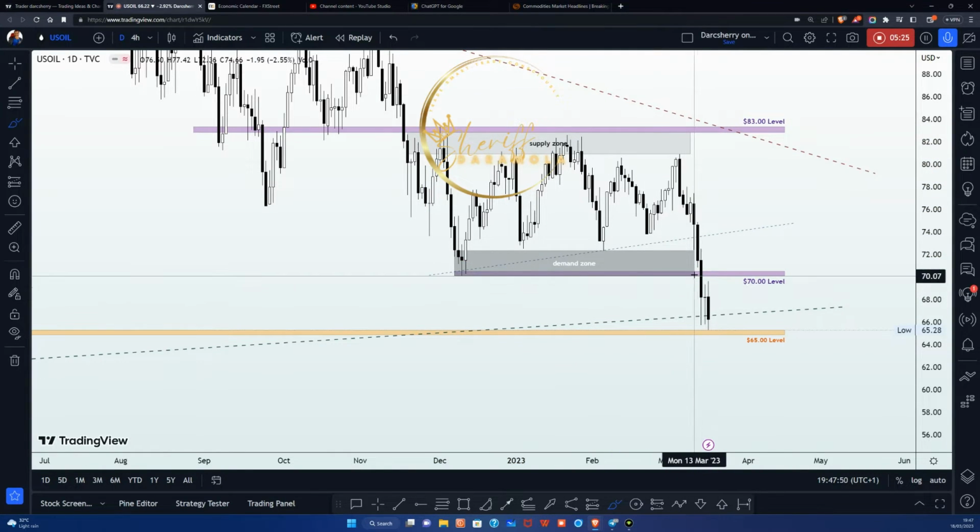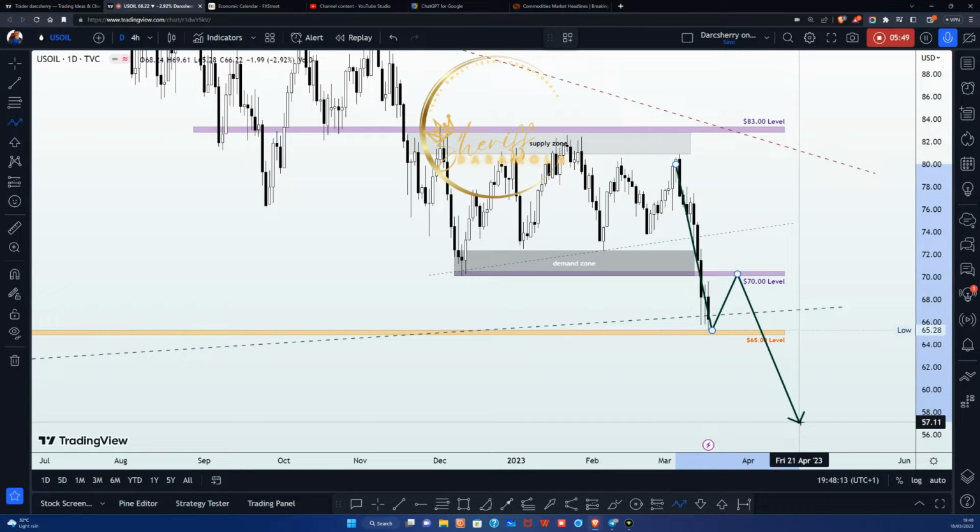And with the breakdown of the support line of that channel during last week's trading session, this is more or less a technical bearish signal, as we expect that as soon as price breaks down a significant structure like this, we want to be seeing it as a bearish signal. There is a likelihood that price action may come back to do a retest of structure before another wave of bearish momentum could happen.